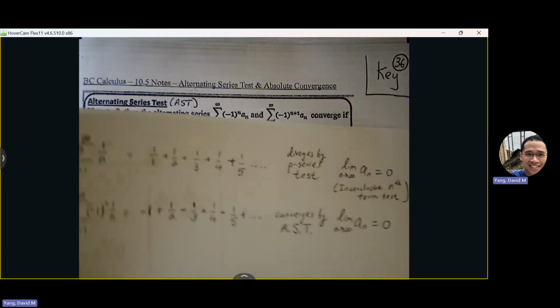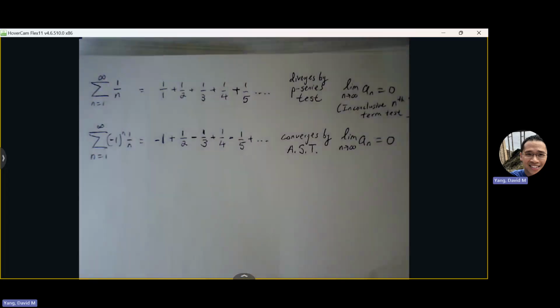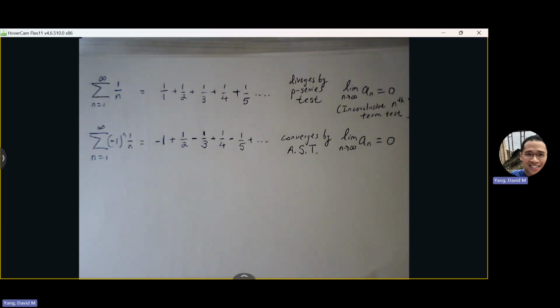So just a quick example here, if we just look at the harmonic series, right? This 1 over n, we know that this is a p series that does not converge. It's really close though, because the limit as n approaches infinity of a sub n does equal 0, but we talked about how this will be an inconclusive nth term test. It's pretty much right at the edge. It almost converges, but not quite. It's just kind of inching up towards infinity.